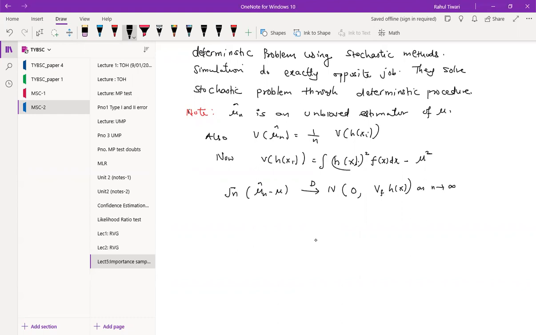Are you getting this point? This is the one approach.